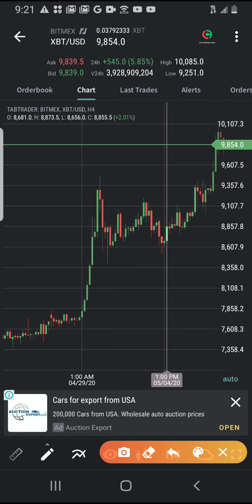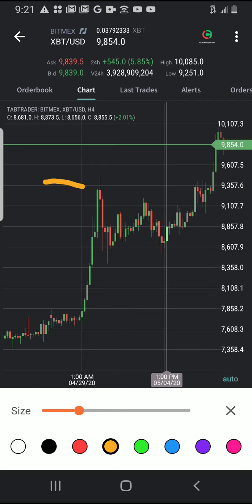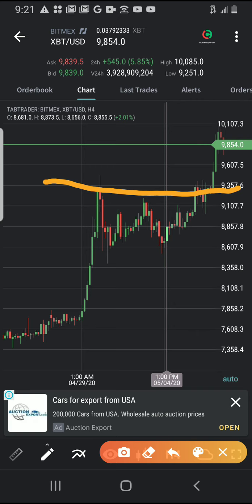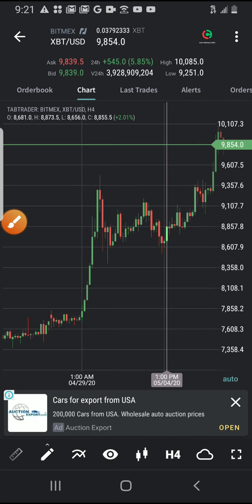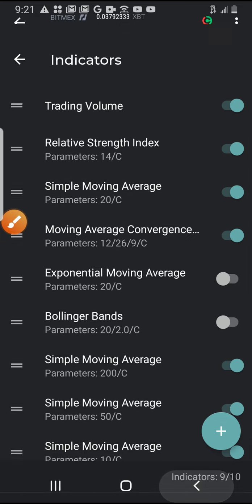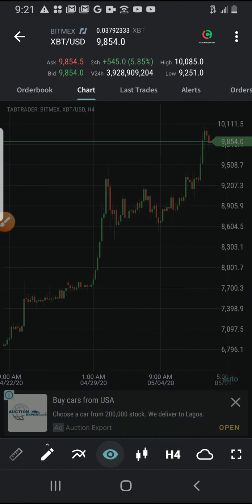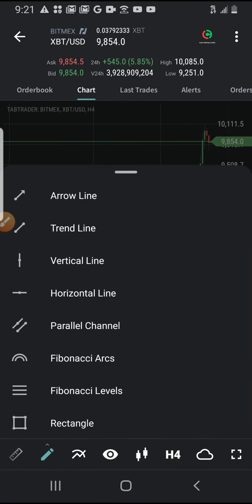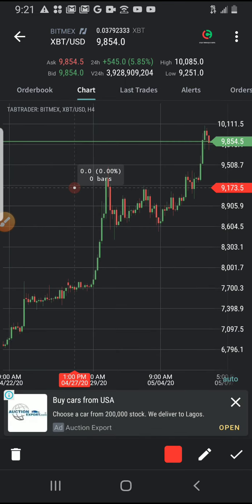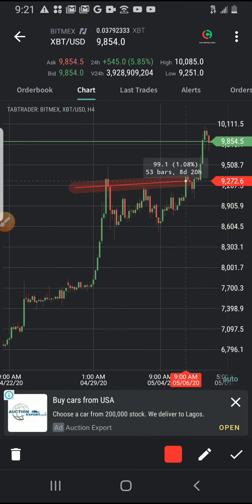We have this line here. I don't know if it actually makes sense, but let me use a clear arrow.